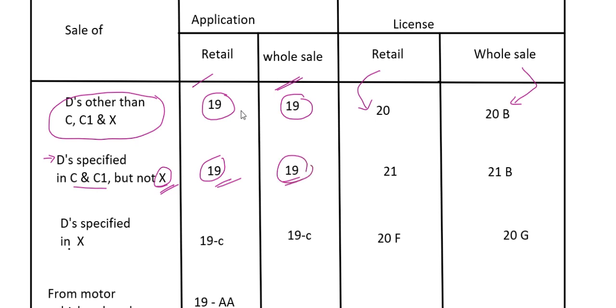Okay, for both retail and wholesale, but the license when we obtain, it will be 21 in the case of retail, and for wholesale it is 21B.